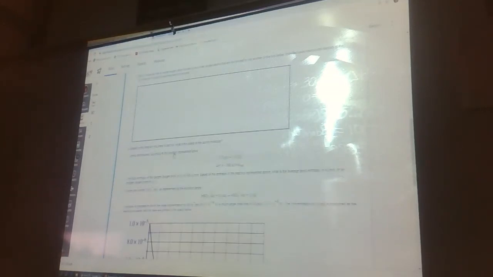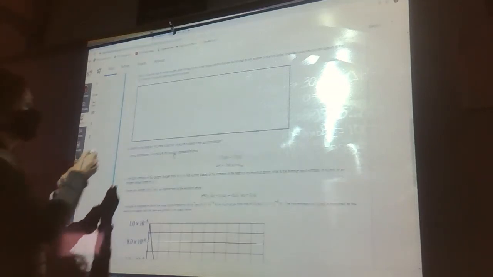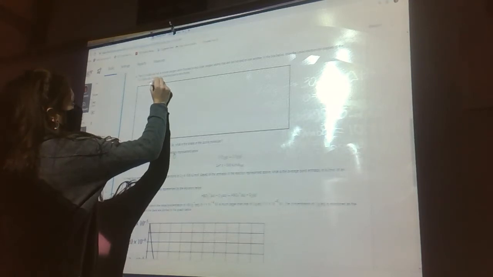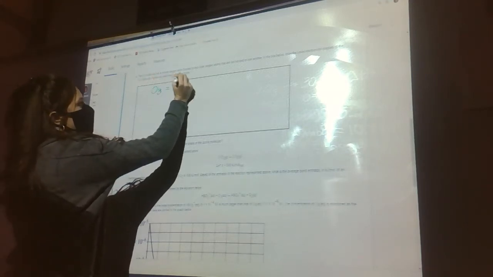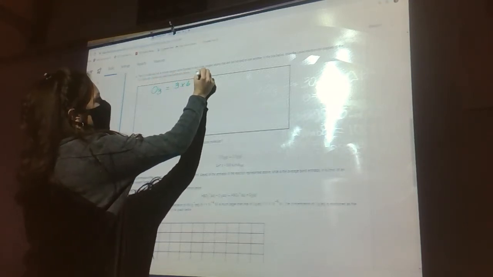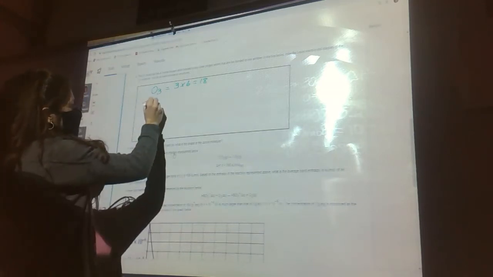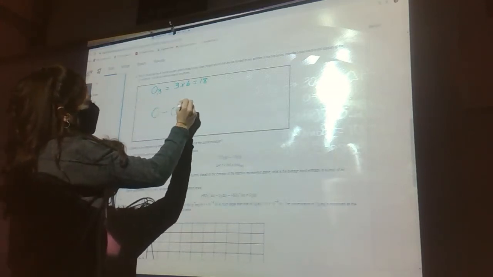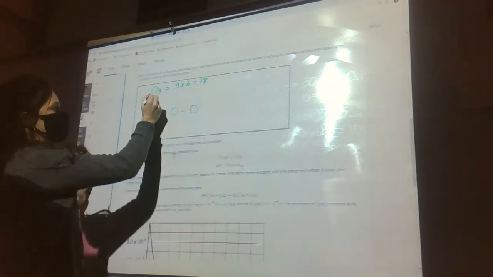The next part wanted you to draw a Lewis diagram for ozone. So O3, you have 3 times 6, 18 electrons. You have 14 left.